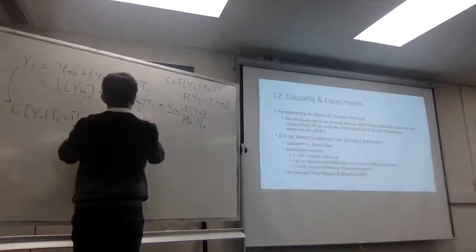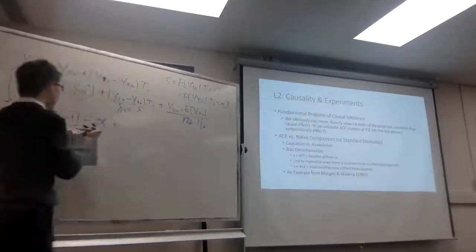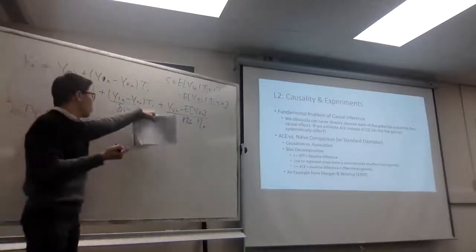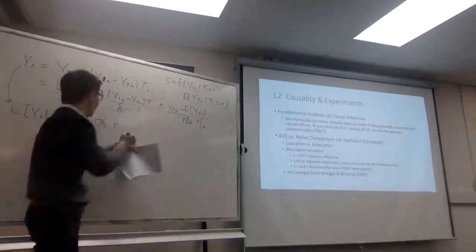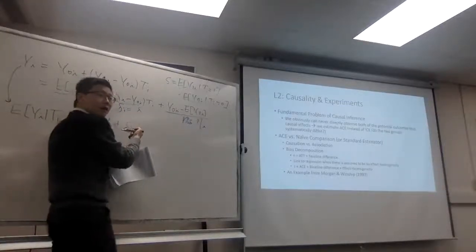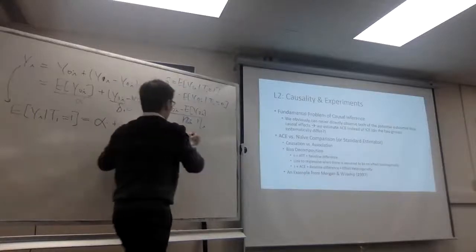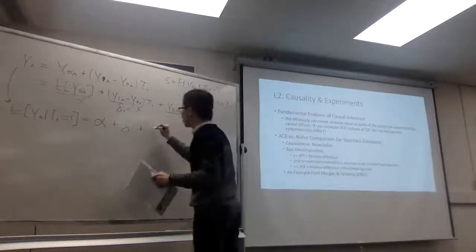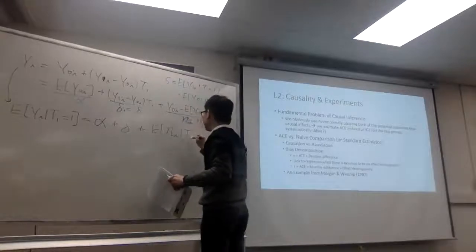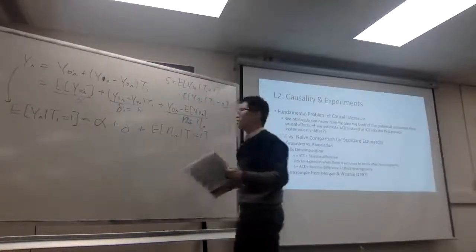And then we assume that Ti is 1, so it becomes 1, and delta is delta. And then there is the expectation of eta i given Ti is 1.